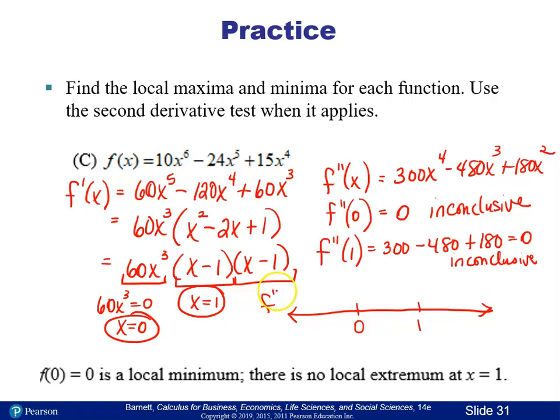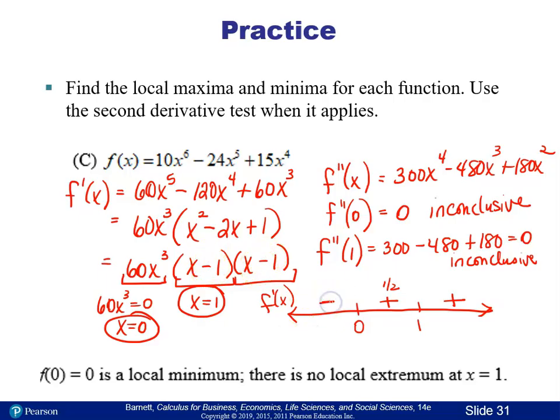Okay, so we want to look at what's happening here. Let's pick something greater than 1. So that would be a positive, and a positive. If I pick, say, 1/2 here, that's going to be positive, negative, negative. And then here, if I pick -1, that's going to be negative, negative, negative.